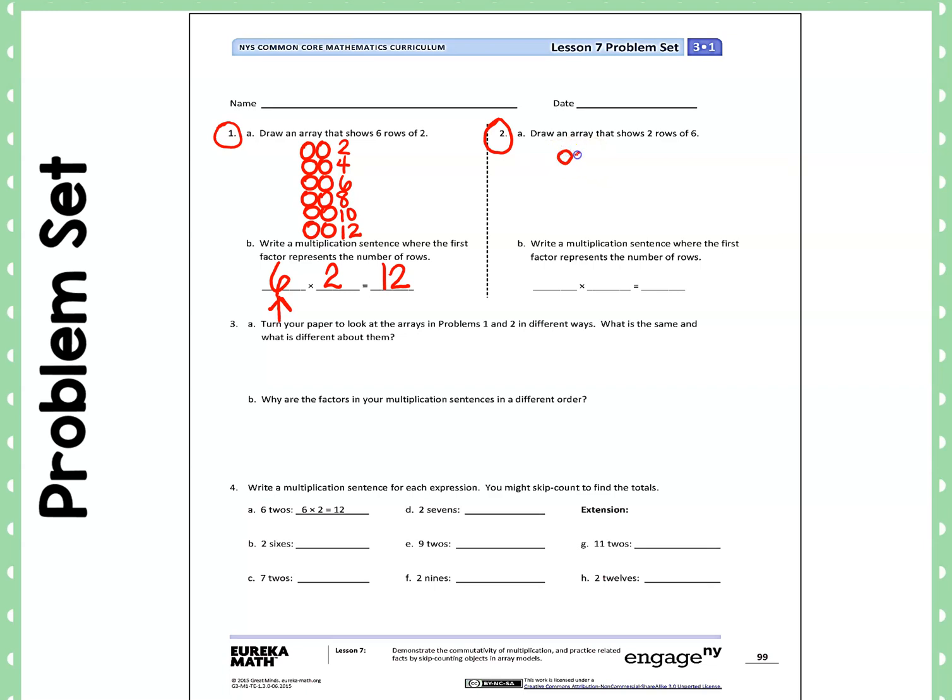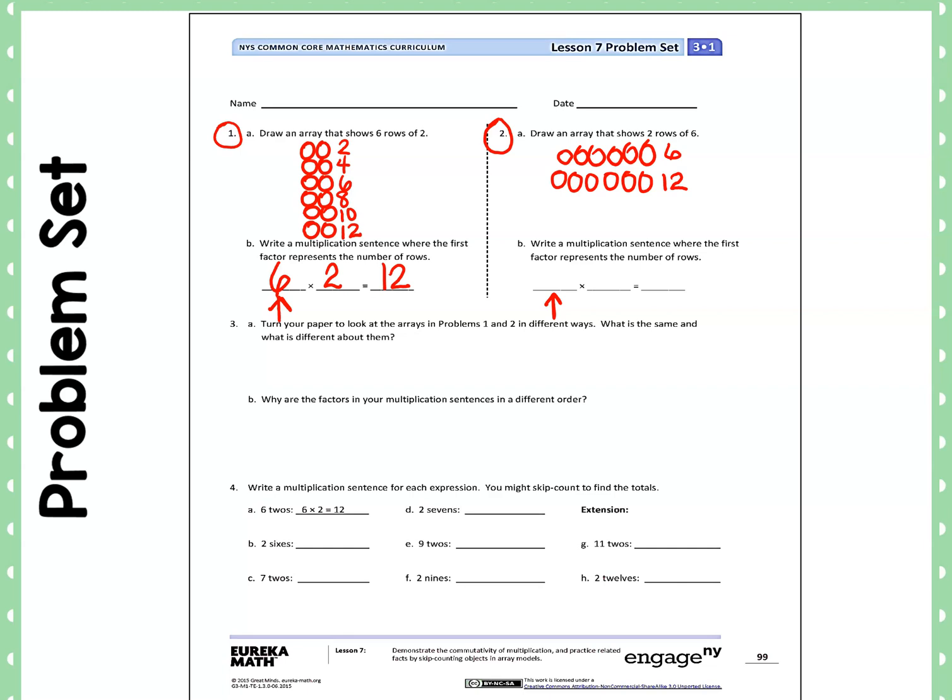So let me go ahead and draw my first row and my second row. Okay, and if I did my skip count for that problem, I would be counting by 6s this time. So I have 6, 12. Okay, so it says write a multiplication sentence where the first factor represents the number of rows.